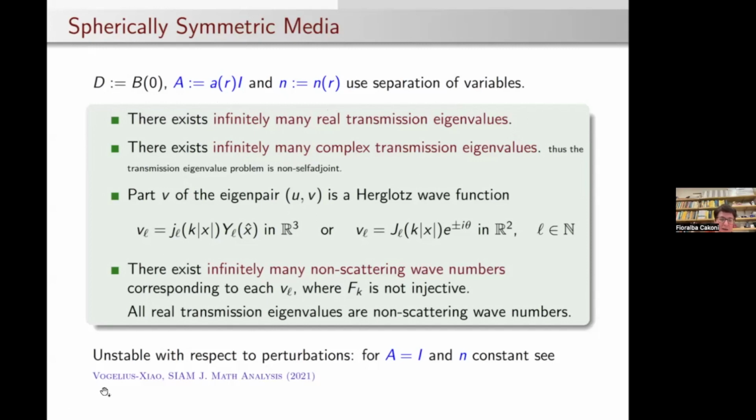And this was answered in a recent work of Vogelius and Xiao, where for special configurations, in the case when n is constant and A is identity, they show that actually you lose the infiniteness of the non-scattering wave numbers, even if you perturb a little bit, a small perturbation of the circle with the constant n. And they are writing a follow-up paper where they are getting more general results for general coefficients.